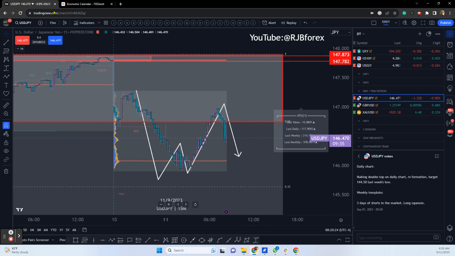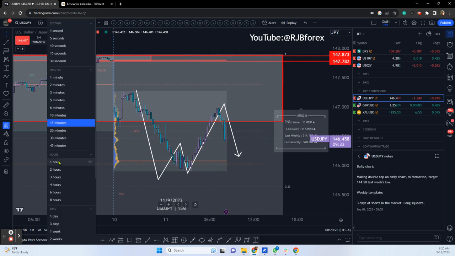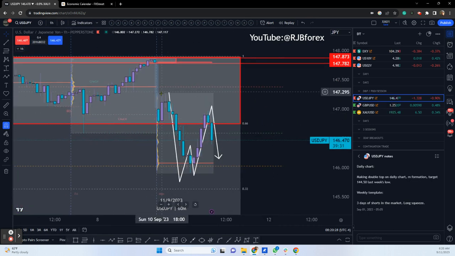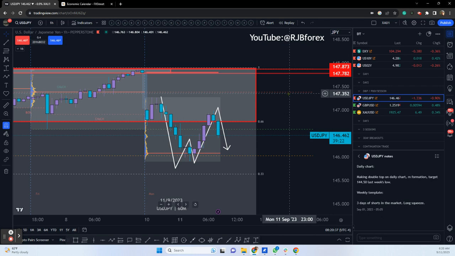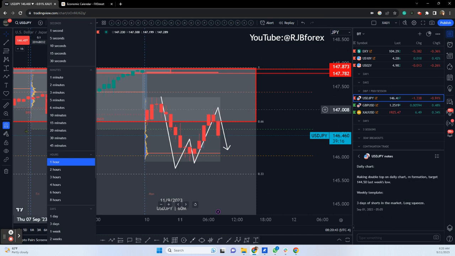Right, so this yen, I drew this M formation, so we're already selling off into the neckline of that. For me, that's a missed opportunity because I would have liked to have shorted that.